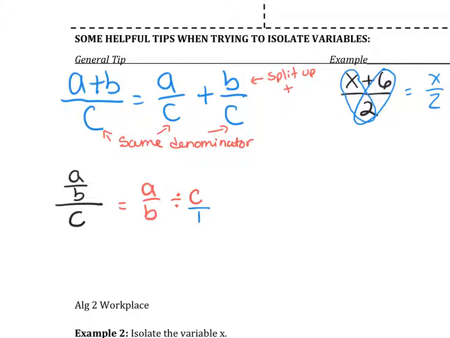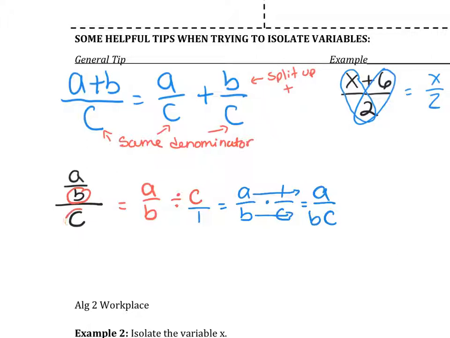And then when we divide fractions, remember it's keep, change, flip. So we would have A divided by B times 1 over C, and then you just multiply straight across. So A over B times C.